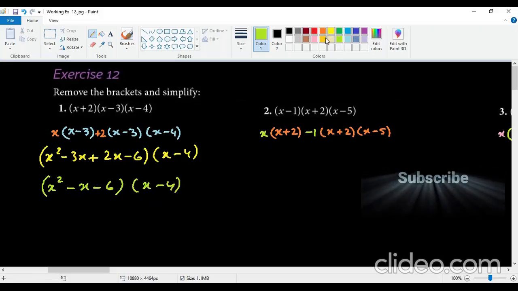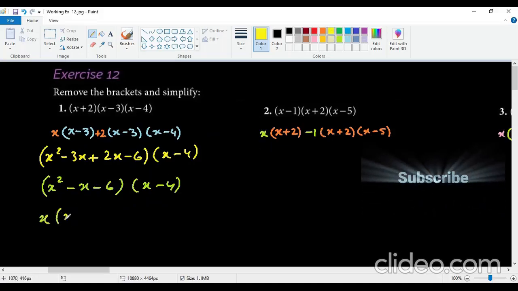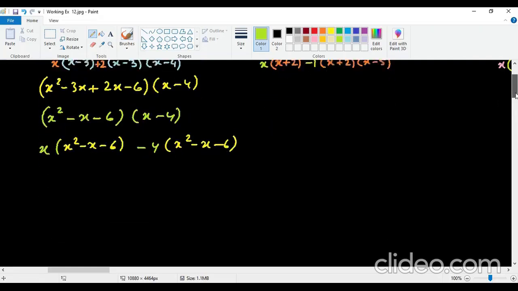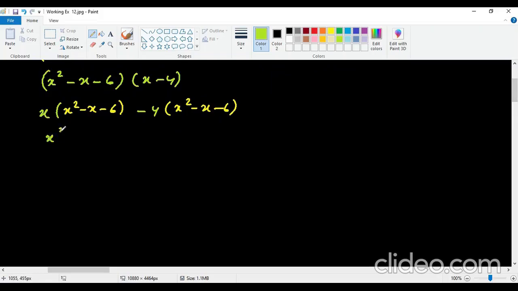So I will multiply x square minus x minus 6 two times, with x and minus 4. So the first one is going to give me x cube minus x square minus 6x, and this one is going to give me minus 4x square plus 4x and plus 24.